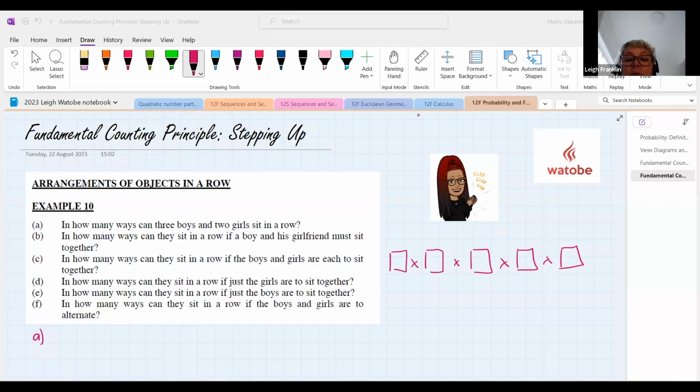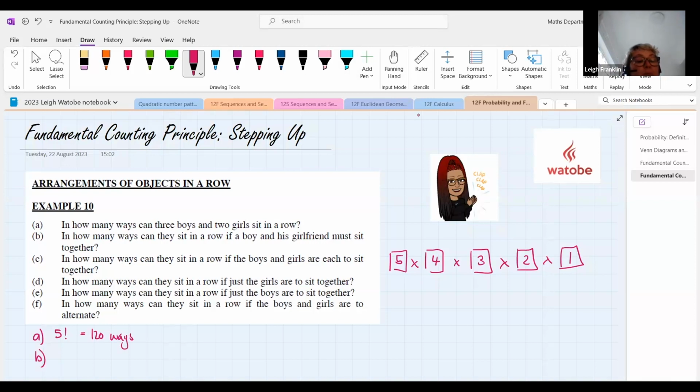Because there are 5 people to fill the first seat. That means there are 4 people left over to fill the second, 3 people to fill the third, 2 people to fill the fourth, and only 1 person left standing to fill the last. So it would be 5 factorial ways. That would be 120 different ways that they could fill those seats.